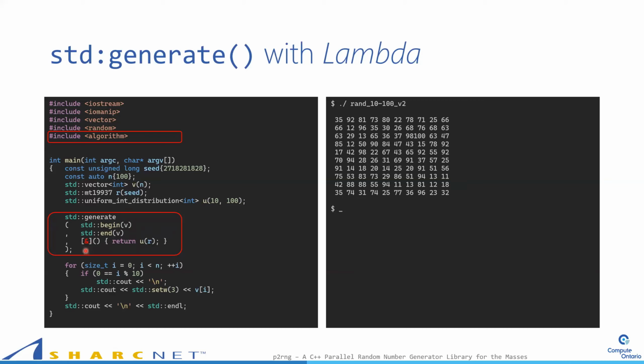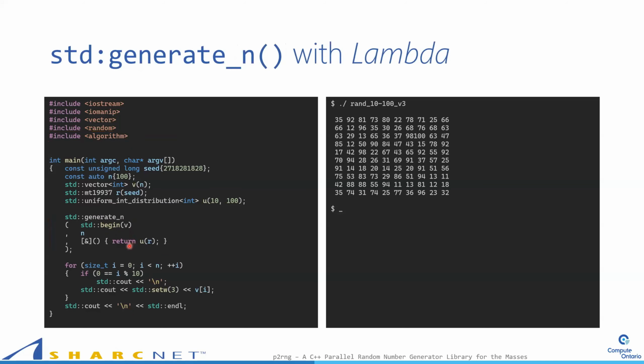I marked the ampersand with red for a reason: we need to pass engines as a reference here. For some engines like Mersenne Twister that has a big state, it's better because it takes a long time to initiate the engine. For other engines, it may not be like that, but for Mersenne Twister it is.